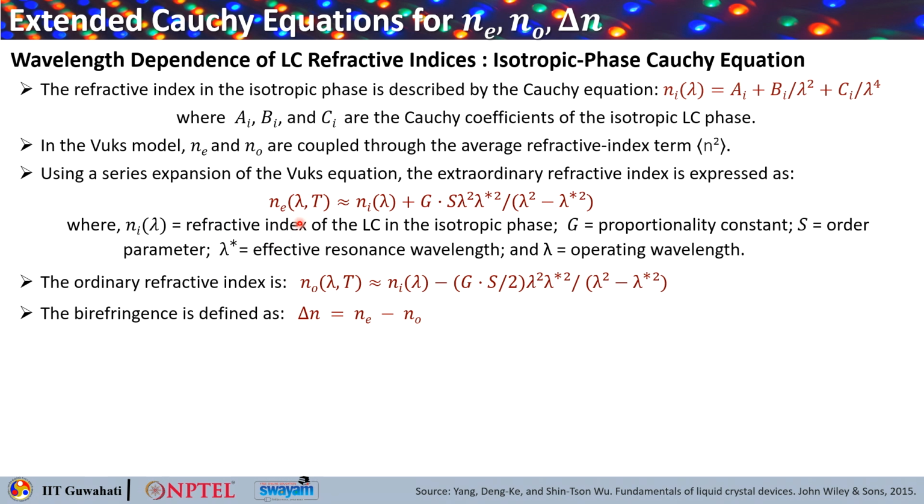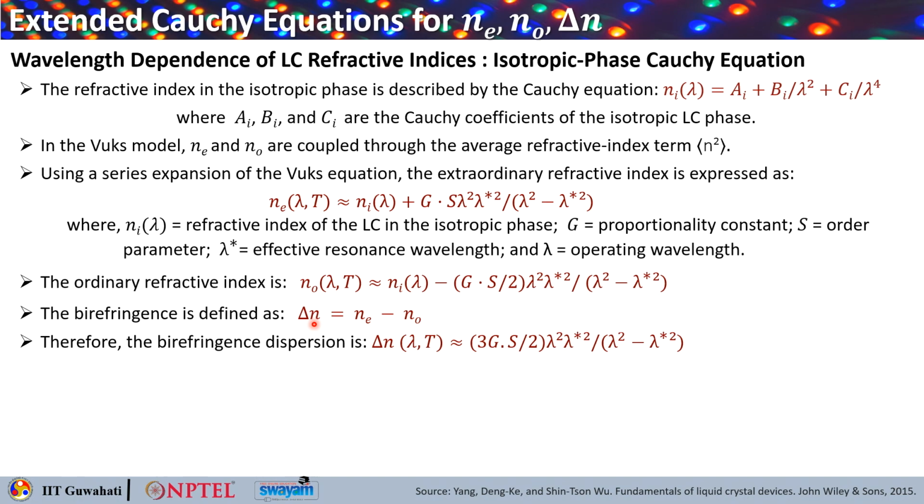And now you know Ne and No, the difference between these two can be called the birefringence. So, if you put these equations into this one, the birefringence dispersion as a function of lambda will look like this: 3G into S by 2, and then you have these terms, lambda square lambda star square divided by lambda square minus lambda star square.